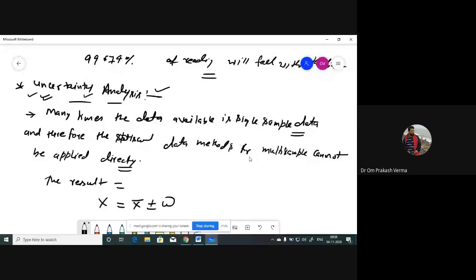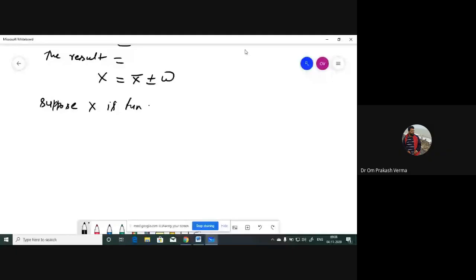that we have written here above, right? So let's say our x value is a function of several variables x1, x2, up to xn, and you are going to find out the uncertainty in x1, x2, xn, right?